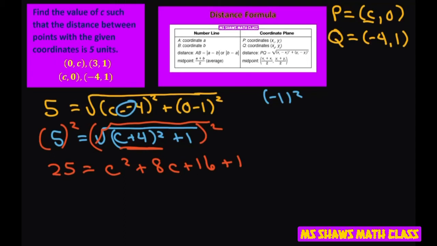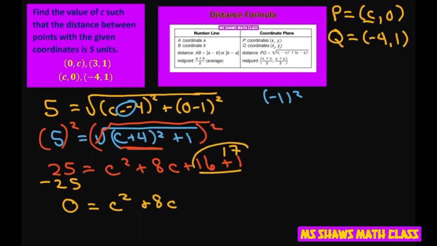We're going to set everything to 0, so I'm going to subtract 25 from both sides. This is going to be 17, so this is going to give you 0 equals c squared plus 8c, and then 17 minus 25 is negative 8.